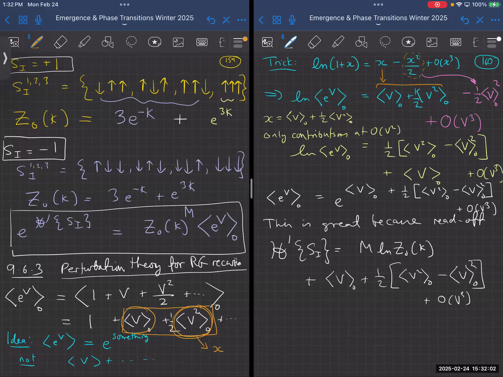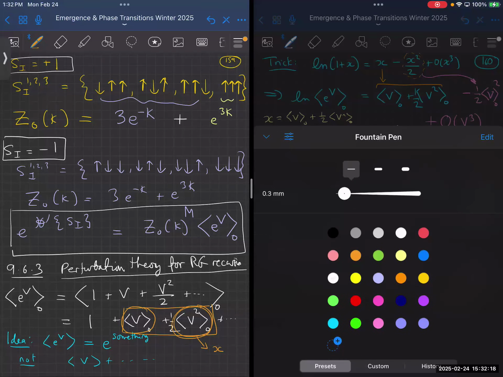So now we need to compute some of these expectation values. Oh, let me just say one thing. Where did this term come from?